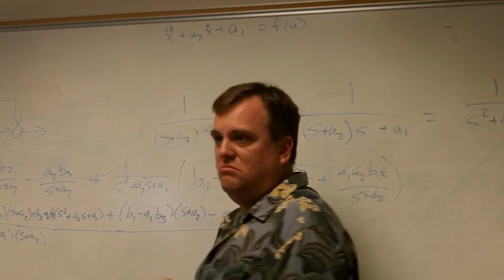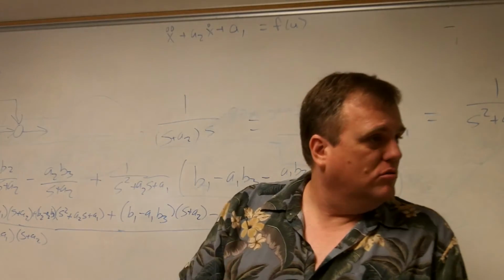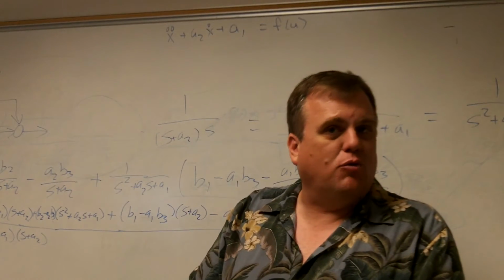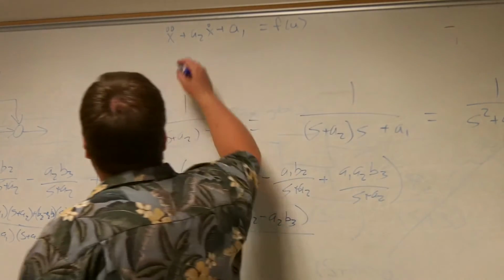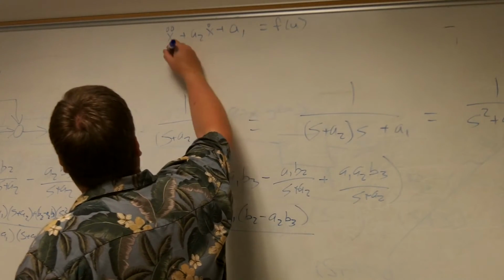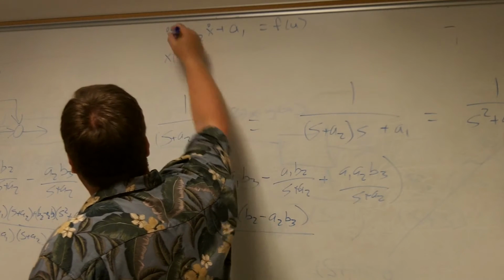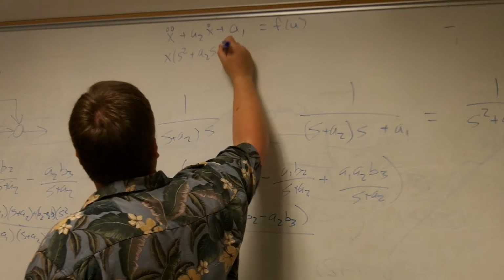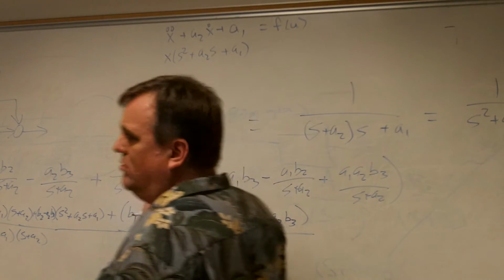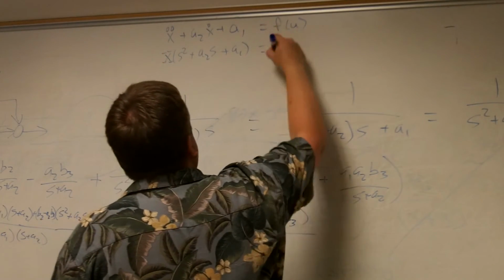Imagine I just had that. What would I have as the Laplace transform of that? S squared plus a2s plus a1. So I'd have, in essence, my X of s times s squared plus a2 times s plus a1, where this is now the Laplace transform, and that's equal to some.